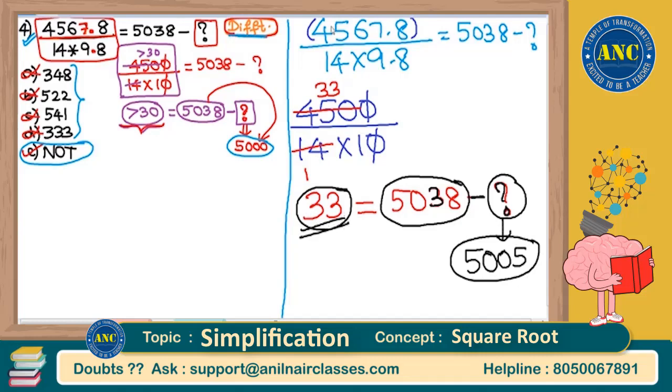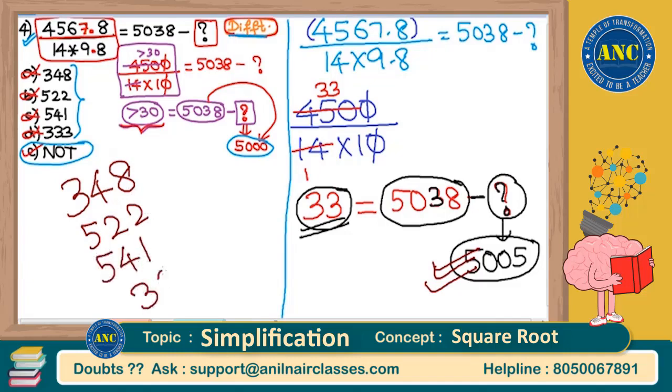That means the answer should be somewhere in the range of 5000. But see the answer options. The first option is 348. It is in hundreds. It cannot be. 520 is also in hundreds. It cannot be. 541 cannot be. 333 cannot be, because all these options are in hundreds. But I should get the range as 5000. Answer is none of these.